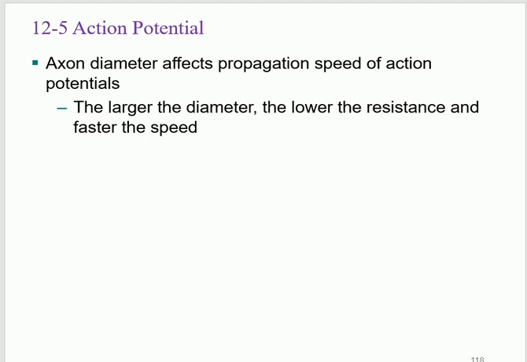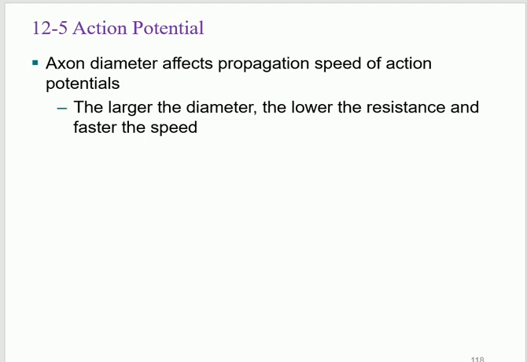Myelinated, unmyelinated, large, small diameter. Myelinated large, this is the fastest, right? In between will be large unmyelinated or small myelinated. What's the slowest? Small unmyelinated. Did you get this?